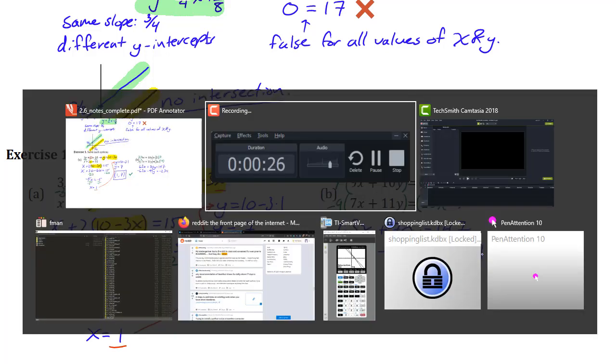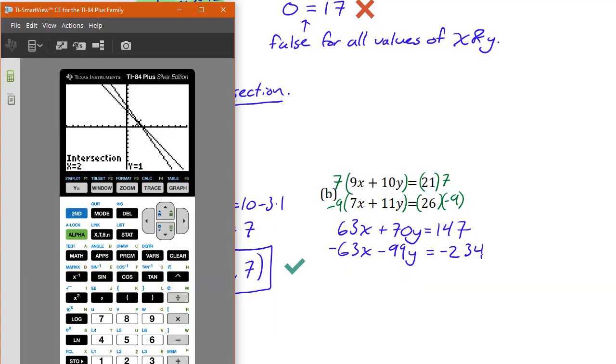Let me check this with a calculator just to be sure. Yeah, negative 234. Let me just check the 21 times 7 really quick. Got that one right. And yeah, I think the rest are good.